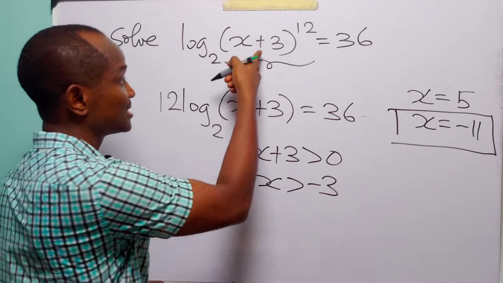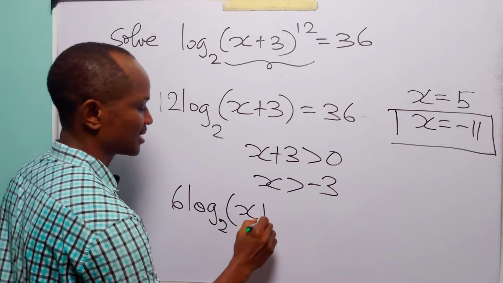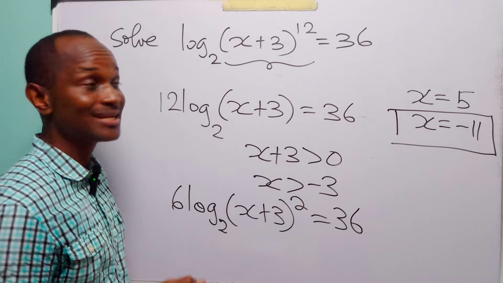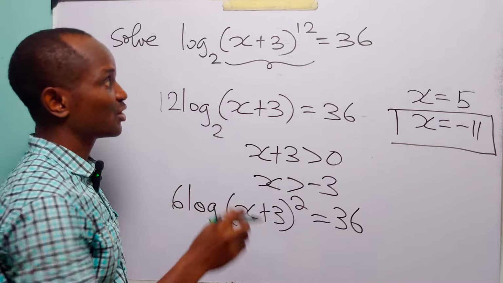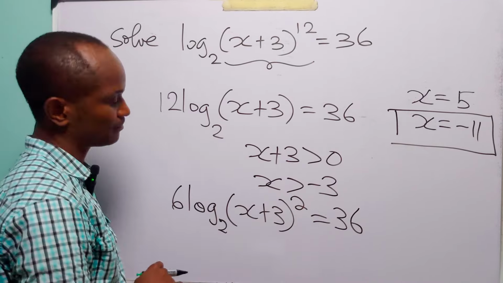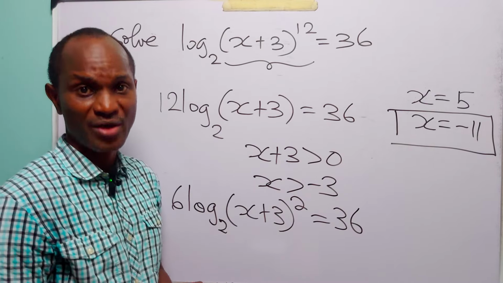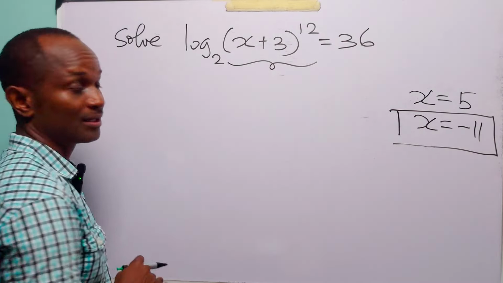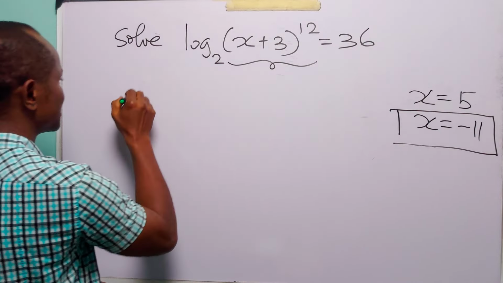But when I rewrote this equation as 6 times log base 2 of x plus 3 squared is equal to 36, I maintained the original restriction on this argument because this is even and this is also even. So once more, when applying the power rule, we have to be very careful so that we don't lose roots in the process.